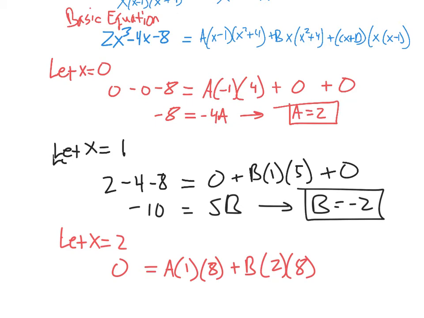And then lastly, we have cx plus d. Plug in 2 times 1. Now, we have one more thing we know. We also already know a and b, right? So we can plug in a and b. A is 2, b is negative 2. So let's go ahead and substitute those.